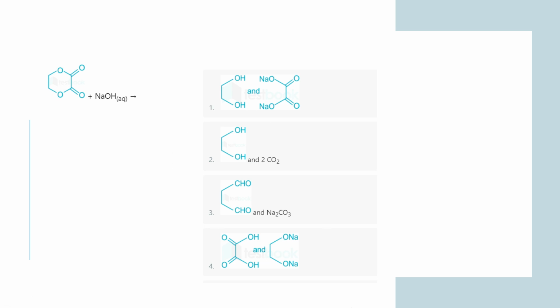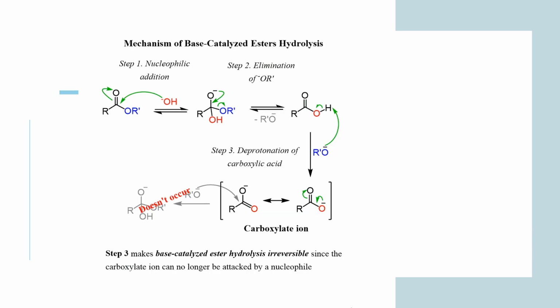To know the correct answer, let us move to the mechanism that esters follow when it comes to basic hydrolysis. Okay, this is the mechanism of base catalyzed ester hydrolysis. What happens first?